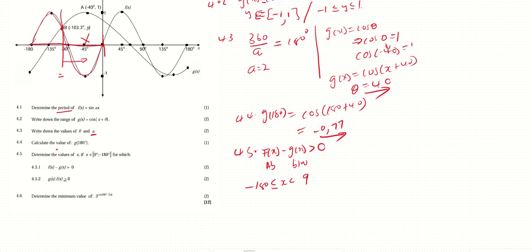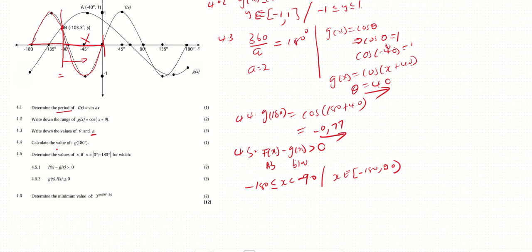The question might be, why include the negative 180 in this case? Because this is exactly where it's above. But here we cannot include this because here they are equal. But here they are above. So this is part of the answer. That's why I'm writing this. Or we can write it to say x is an element of [-180; -90).